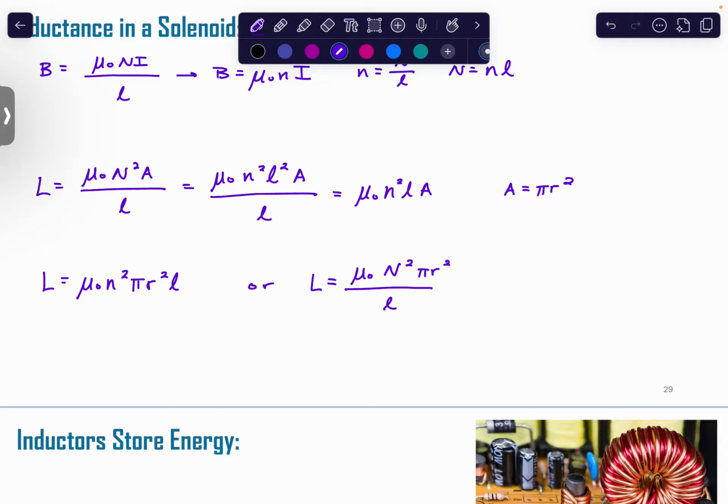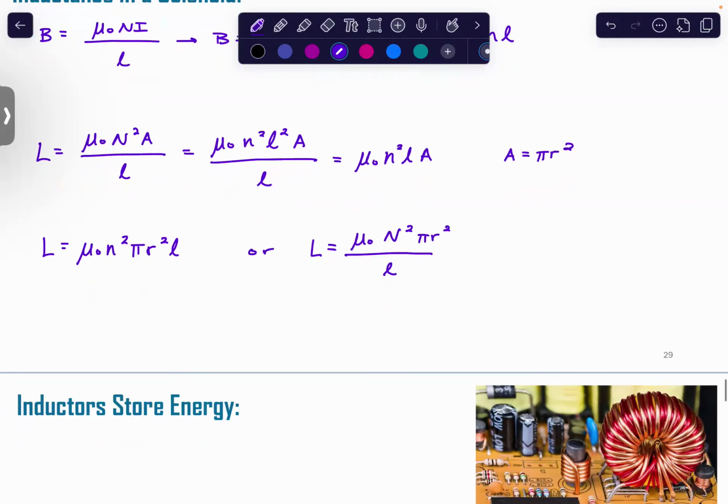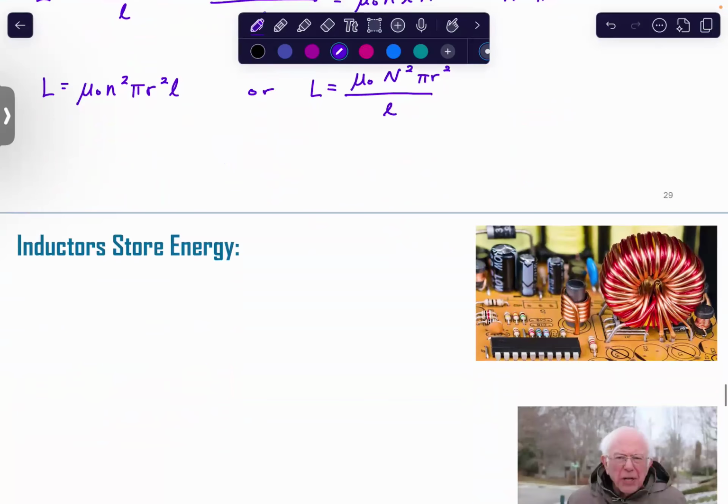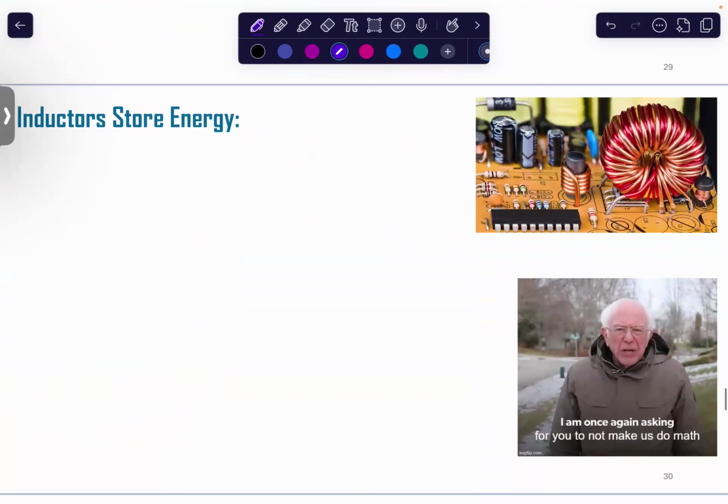So you'll either have number of loops or number of loops per unit length. So inside of your machines, this is an example of a few types of inductors.